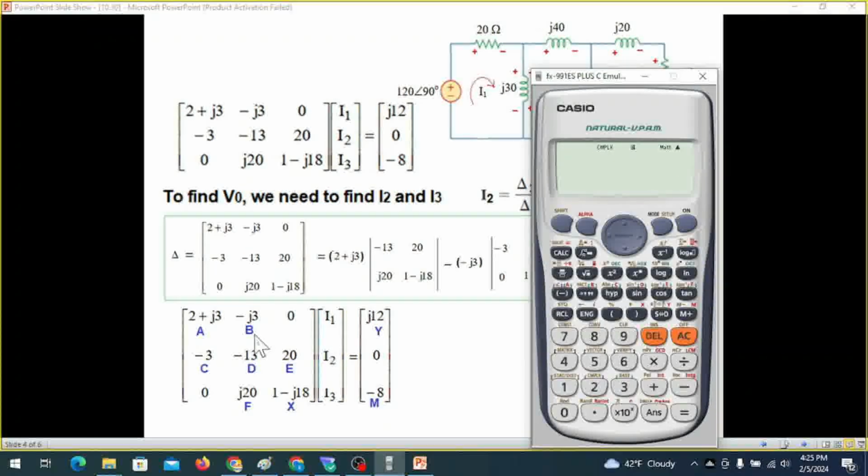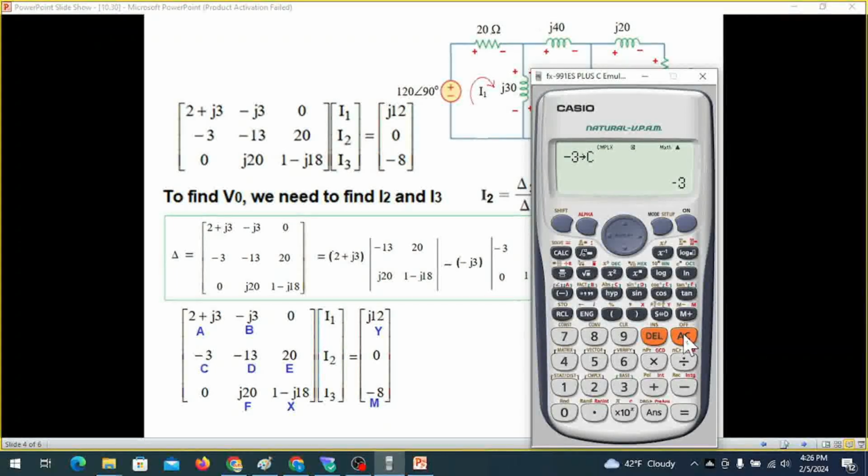We come to the next, minus J3. So minus 3I, and we'll assign this with shift store B. This is B. B has been assigned. Now we clear. Then minus 3 is C. So minus 3 shift store and C.